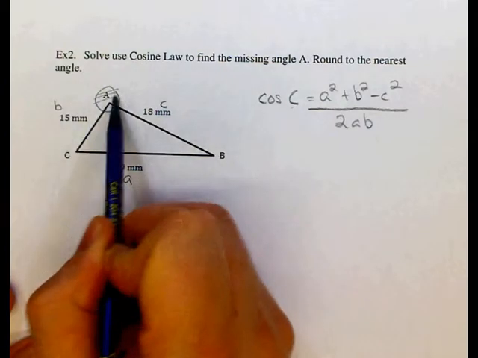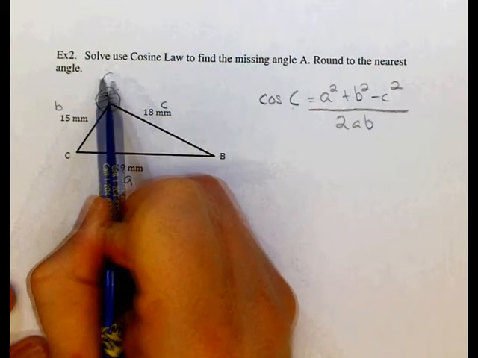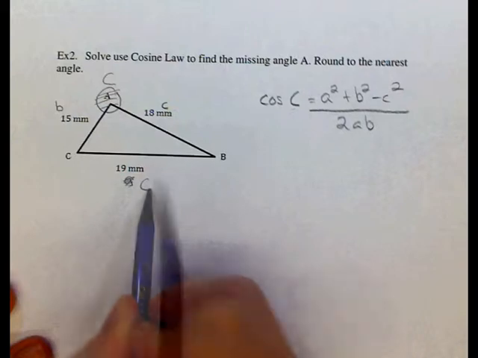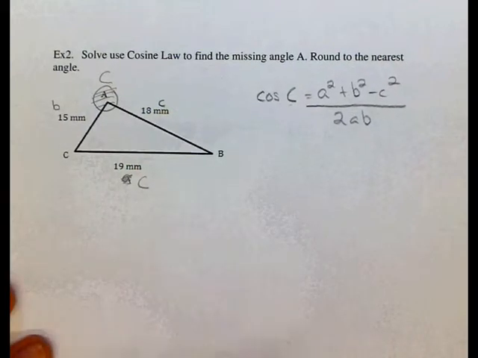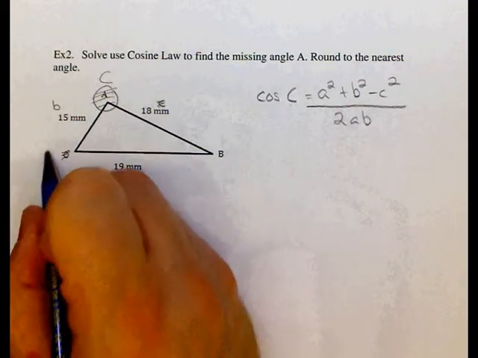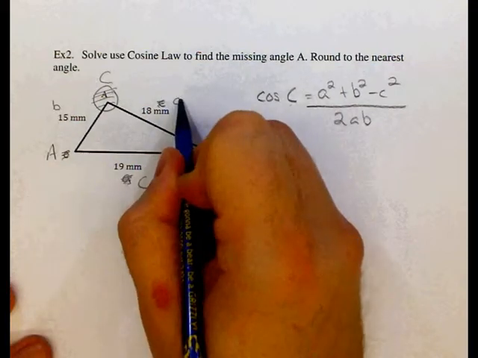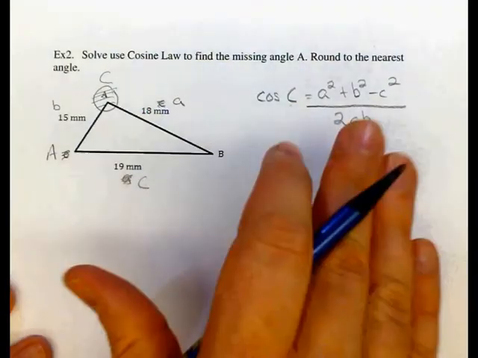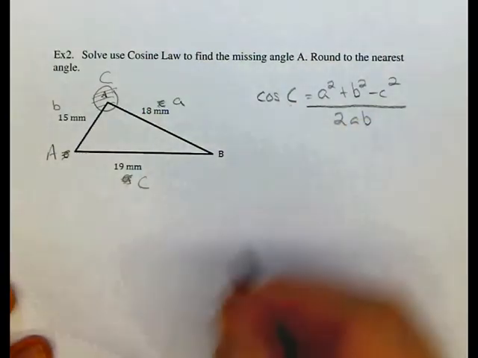This is no longer A. That is now C. My B's can stay where they are, but my other sides must be labeled as A and A. Now my diagram fits my equation.